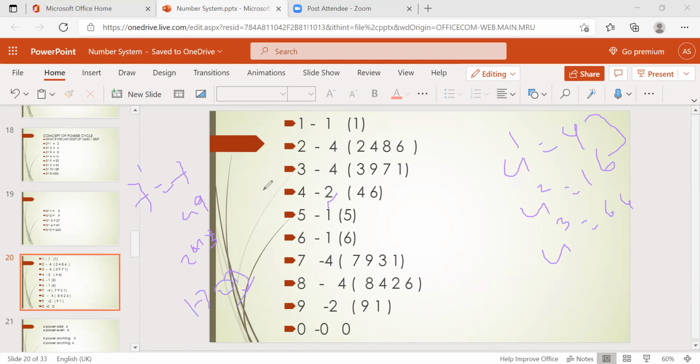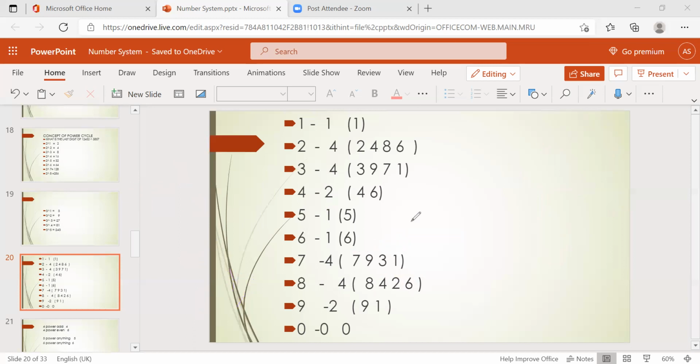So the unit digit is 1. Here also it repeats 7, 9, 3, 1. The power cycle is 4. And for 8, the power cycle is 4: 8, 4, 2, 6. You need to remember this. If you remember, then it is easy to calculate.